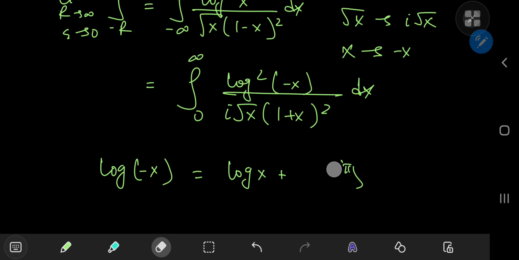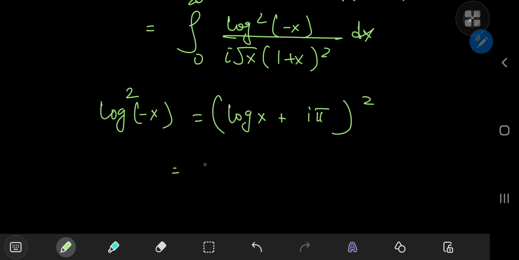So that means we just have log x plus I times pi. And all of this is squared. So that means taking the square of everything, I have the squared logarithm of x plus I squared pi squared. So that means I have negative pi squared plus 2I pi times log x.